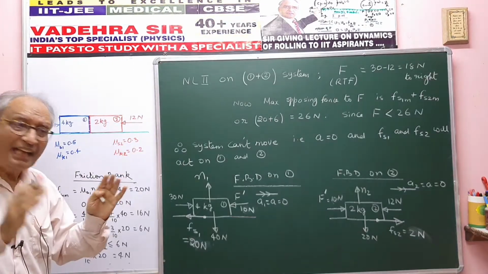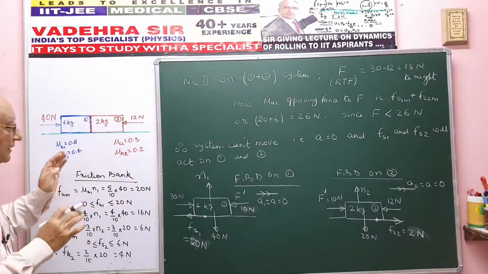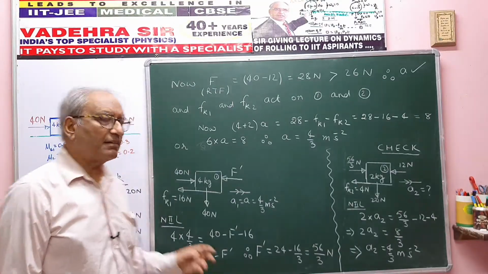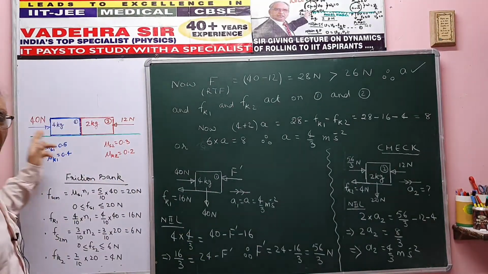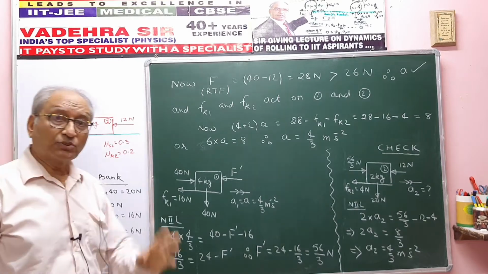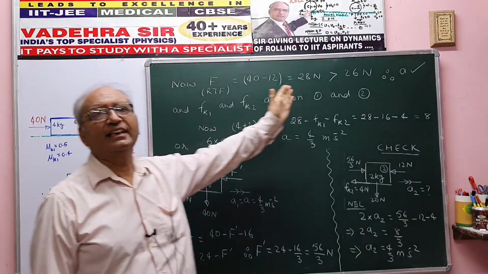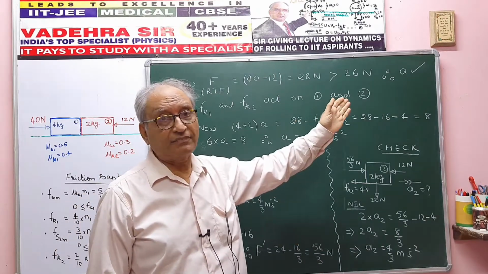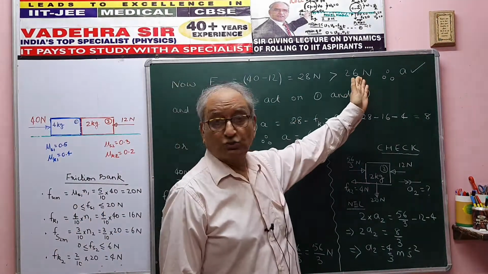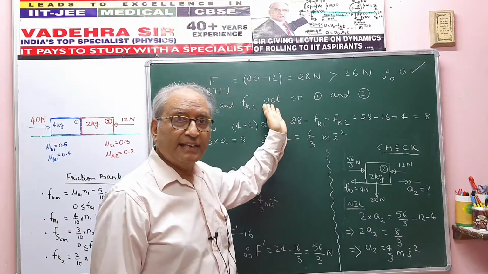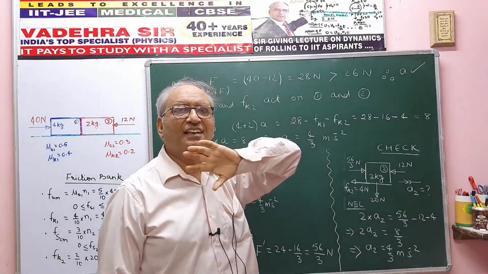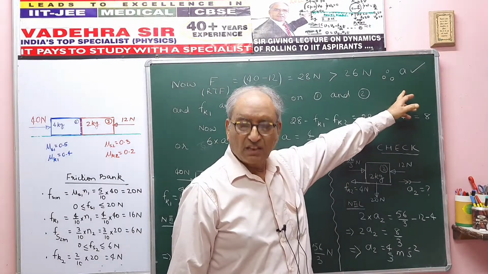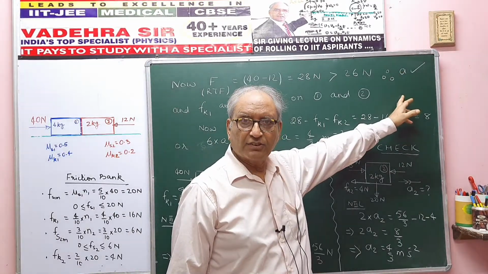The same problem, everything remains the same, but with this change, 40 Newton here and 12 Newton here, the resultant pulling force becomes 28 Newton. The maximum opposing force Fs1m plus Fs2m was 26 Newton. Now 28 is more than 26. This means the whole system will slide. There will be an acceleration, and we have to calculate that acceleration.